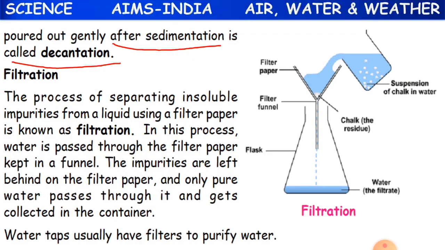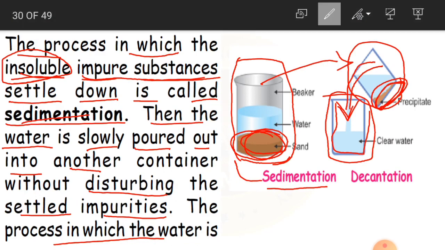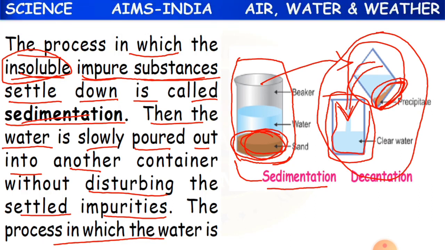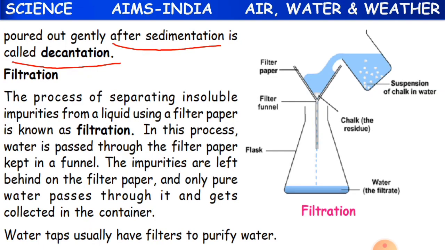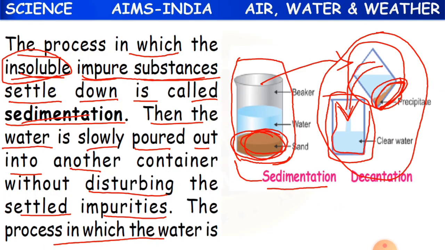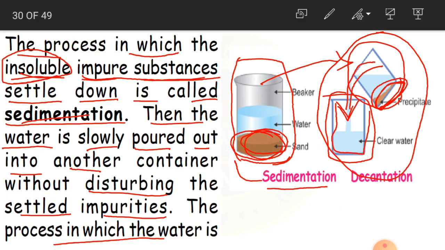So here we have poured the water, and this process of pouring water gently after sedimentation is called decantation. So this is decantation. Clear, children? So hope you have understood sedimentation and decantation.